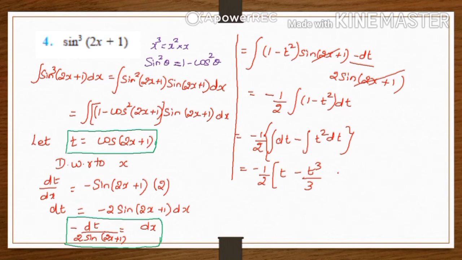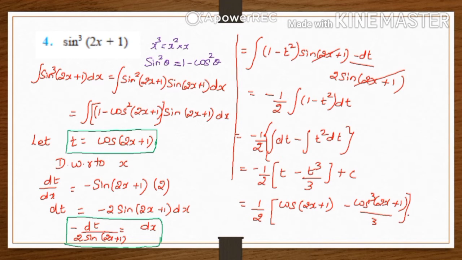As we know, the integral of x power n is x power n plus 1 divided by n plus 1. So that concept we are using. So after that, minus 1 by 2, where t value is nothing but cos (2x plus 1), minus cos cube (2x plus 1) divided by 3, plus c.